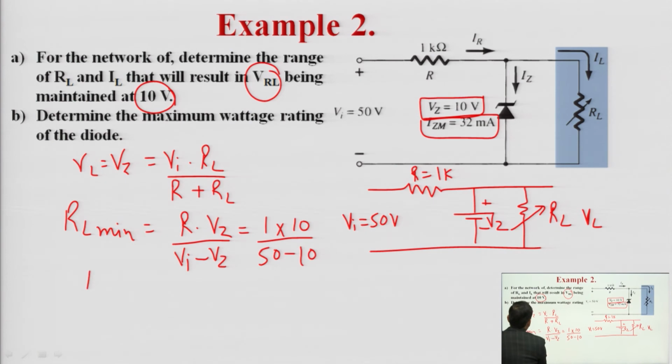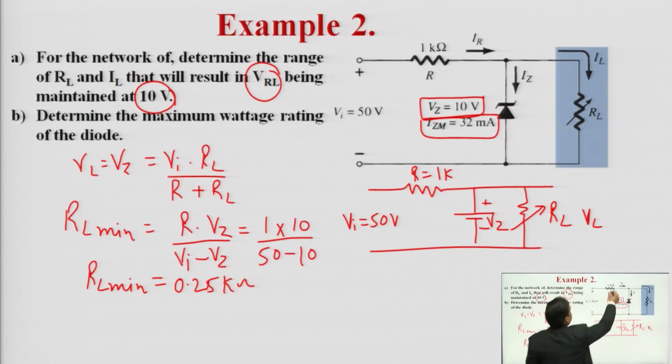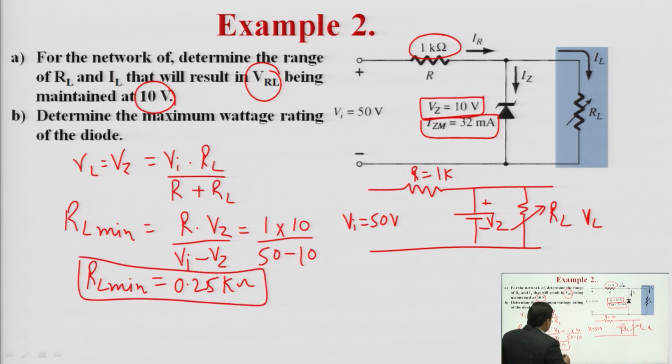So, RL minimum will be 10 by 40, which is 0.25, because we have resistance in kilo ohm here. This is the minimum value of resistance, means below this 0.25, this circuit will not work as a regulator.